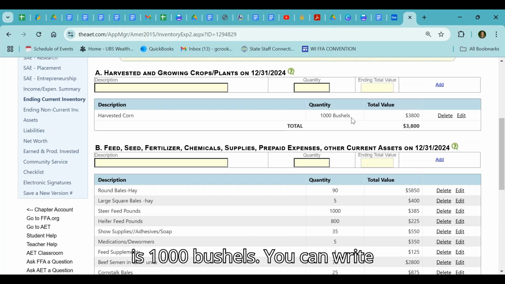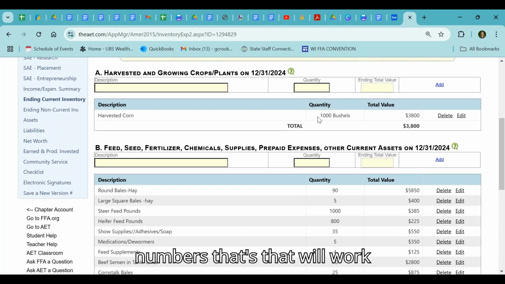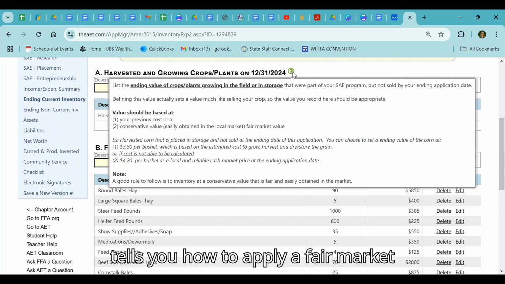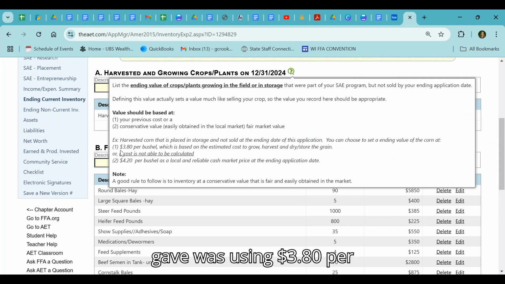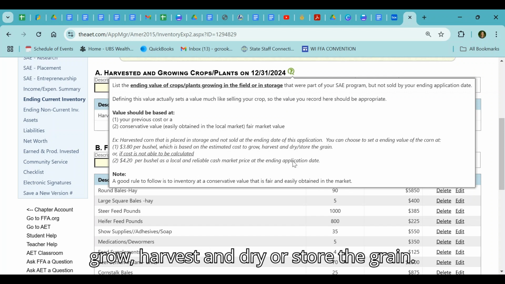You can write the measurement you're using in with the numbers. That will work. And then this question mark tells you what to put in this section, but it also tells you how to apply a fair market value. And one of the examples they gave was using $3.80 per bushel based on an estimated cost to grow, harvest, and dry or store the grain.